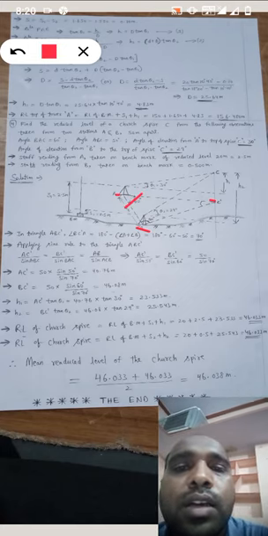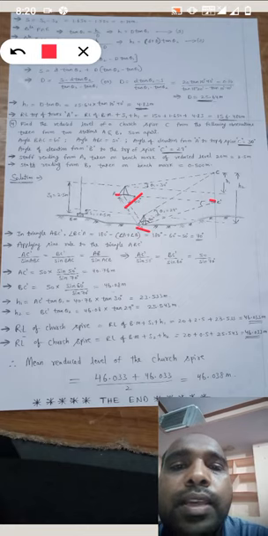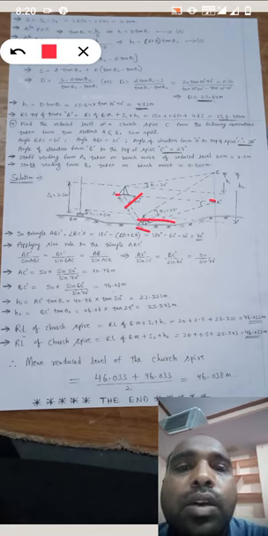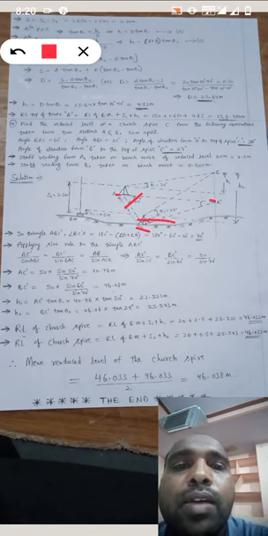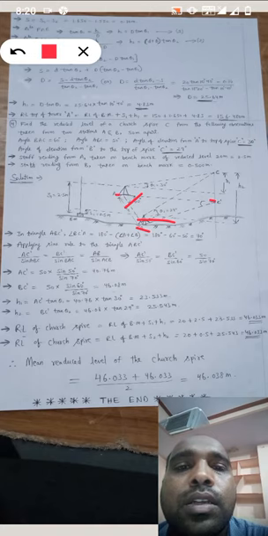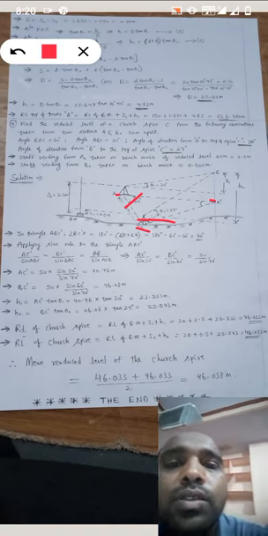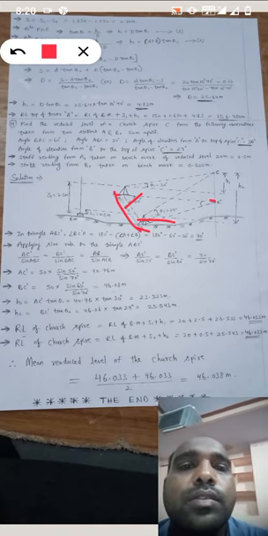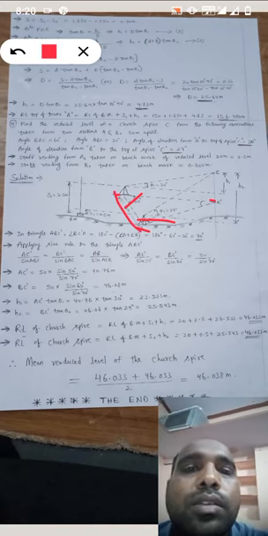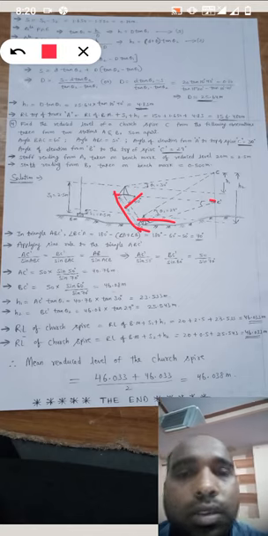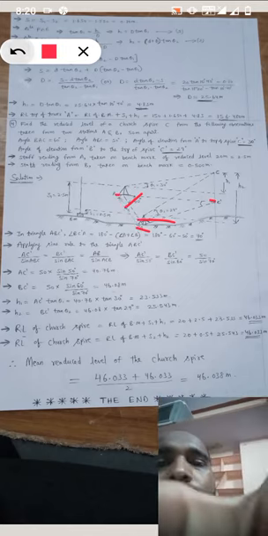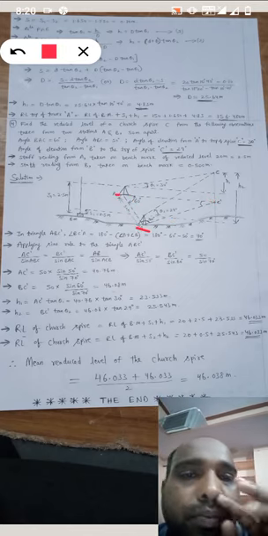Next, angle ABC is given 50. Angle of elevation from A to top of the spire, distance 30 meters is given.